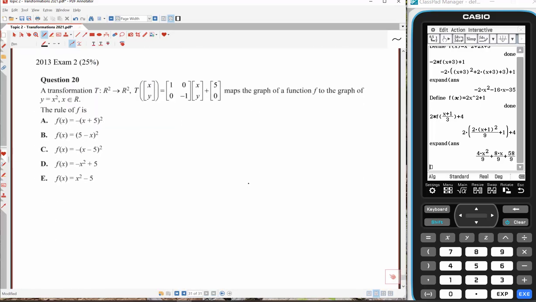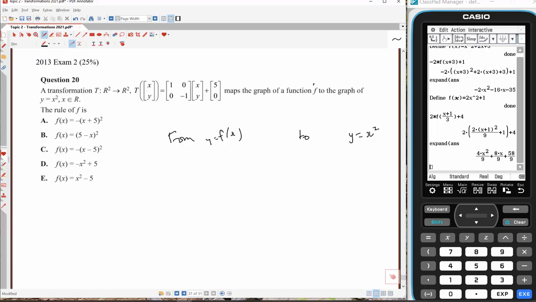And this one here, transformation that maps the graph onto that. The rule of f is, okay, so that's the graph of a function f of x. So from y equals f of x to y equals x squared.